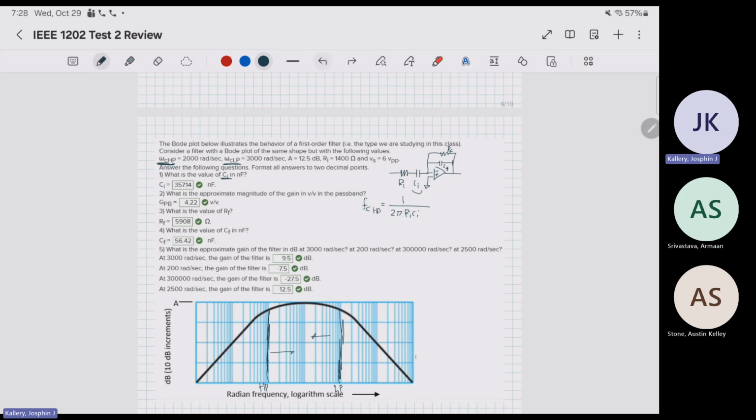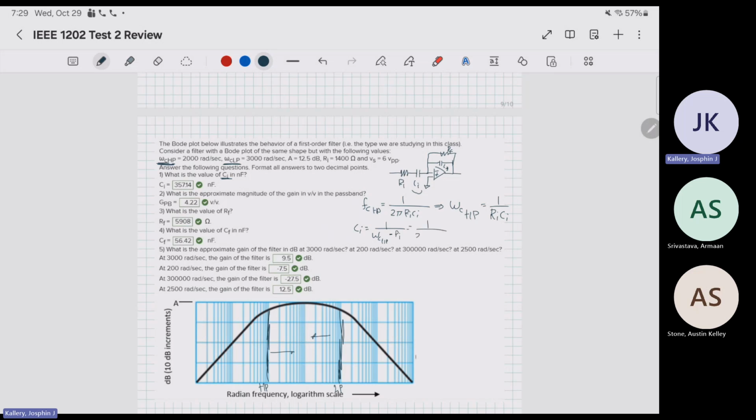Let me rearrange. I get cutoff high pass equals 1 over RI CI, and since I'm solving for CI, I'll isolate it. CI equals 1 over our cutoff in the high pass filter times RI.